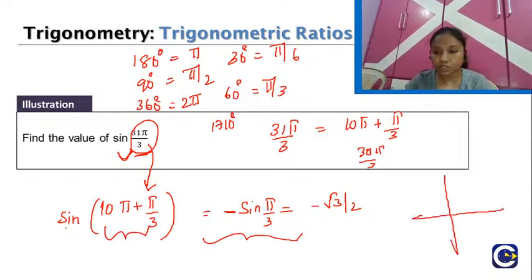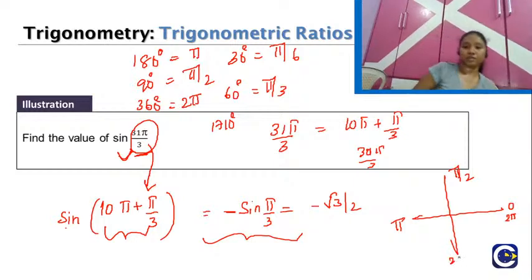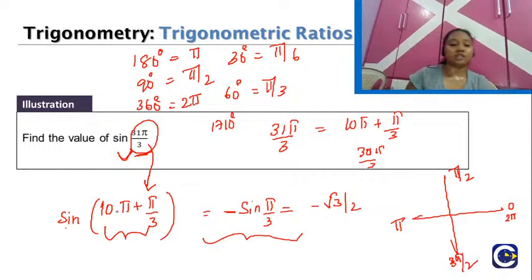So here it is 0, 90 means pi by 2, 180 means pi, and here it is 2 pi, and here it is 3 pi by 2. So here it is 10 into pi, which means a multiple of pi.